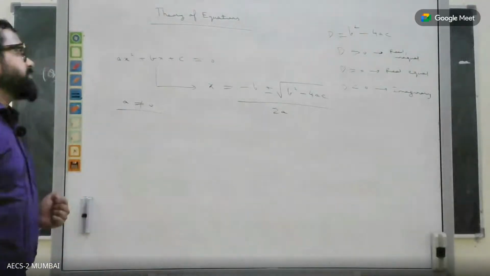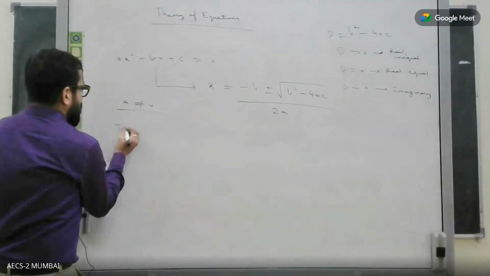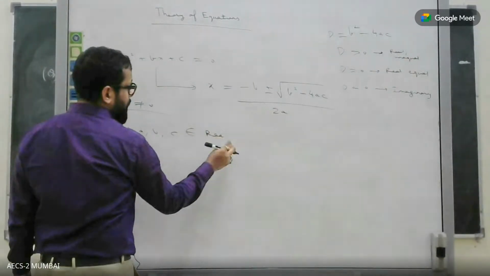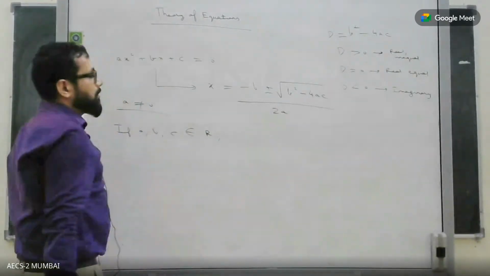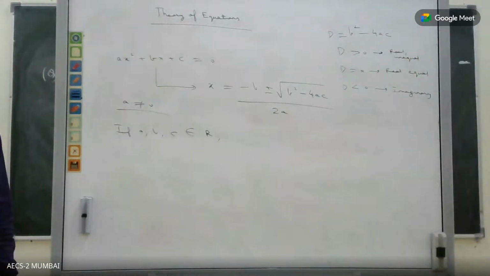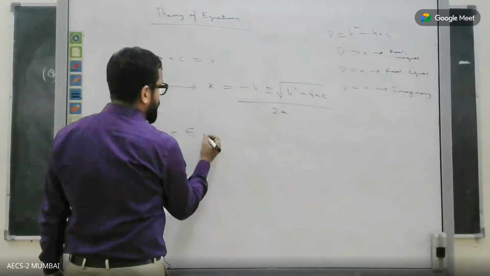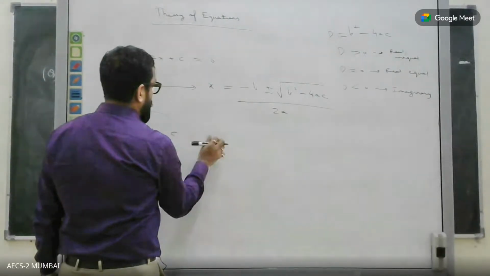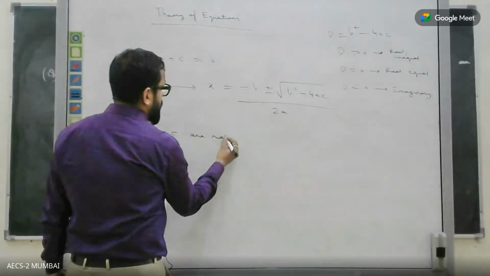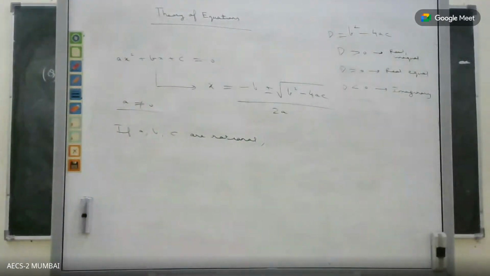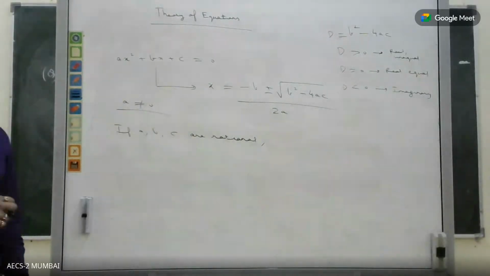Now tell me, if a, b, c are real, what is the condition for a, b, c rational? Suppose rational. If a, b, c are rational, what is the condition for rational roots?